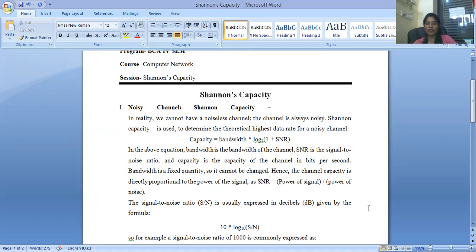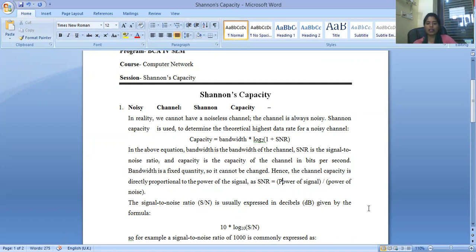Bandwidth is a fixed quantity, so it cannot be changed, and hence the channel capacity is directly proportional to the power of the signal, as SNR equals power of signal divided by power of noise. Clear? This is well known. This is understood by you.